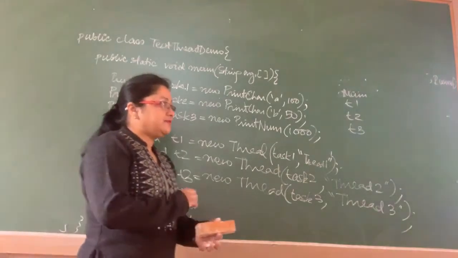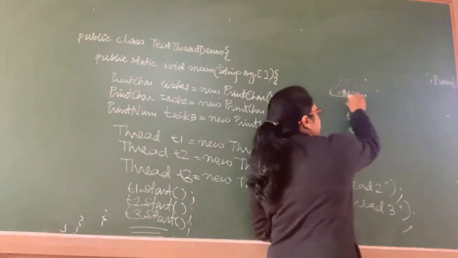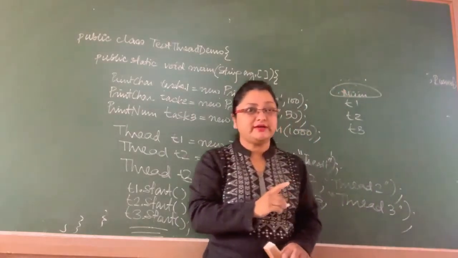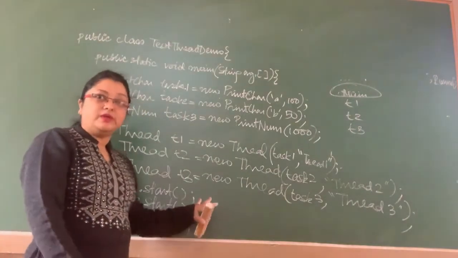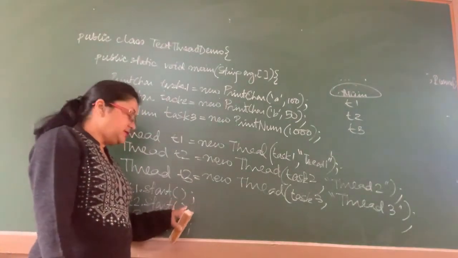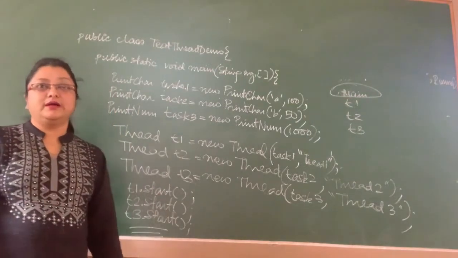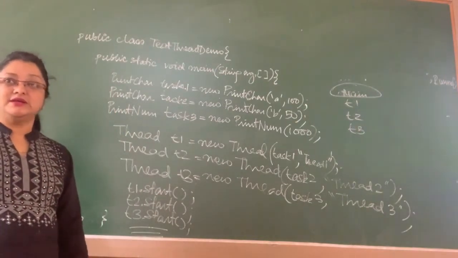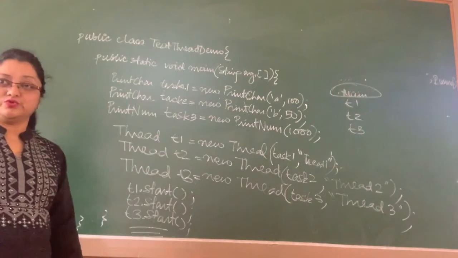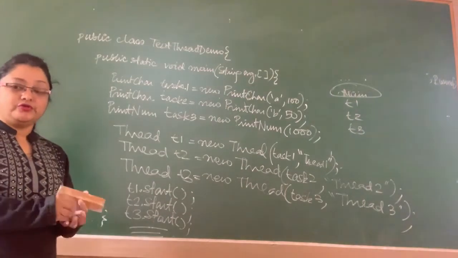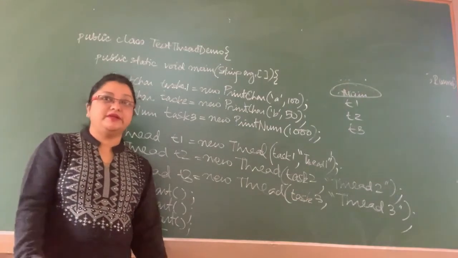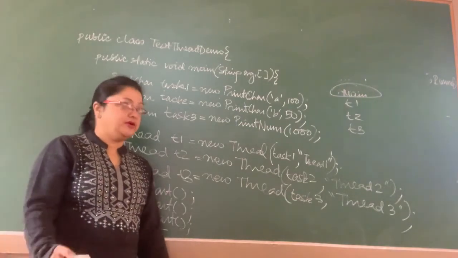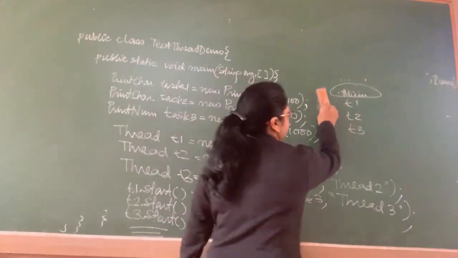But one thing is for sure: the main thread is the first one to start and it is the last one to end. Main will end only after T1, T2 and T3 are completed. That is the last thread to complete its execution. We will see now how we can get a reference to the main thread and print some values from it.